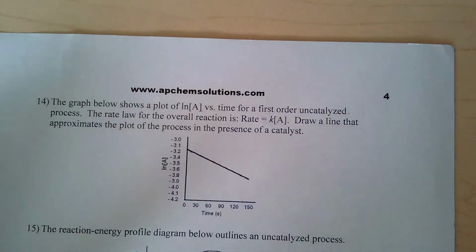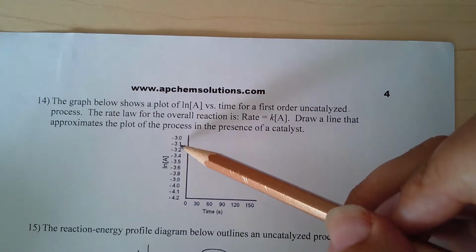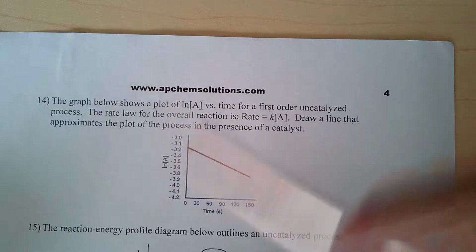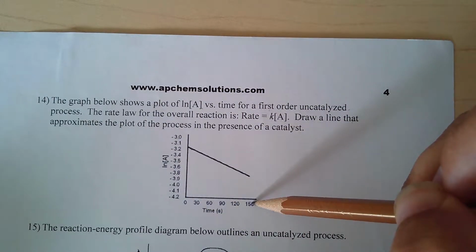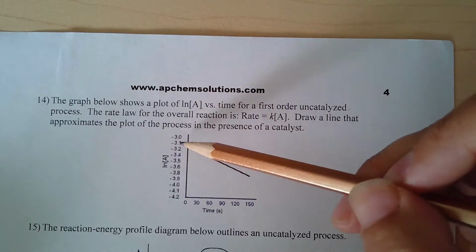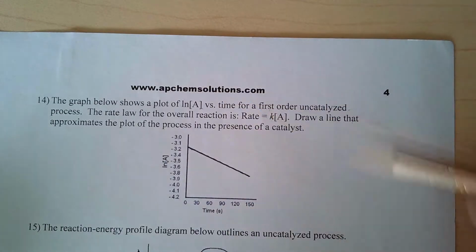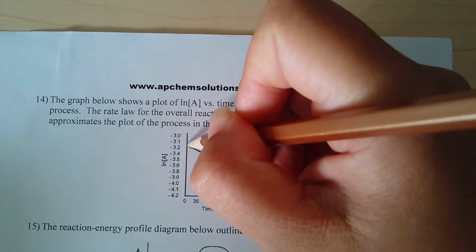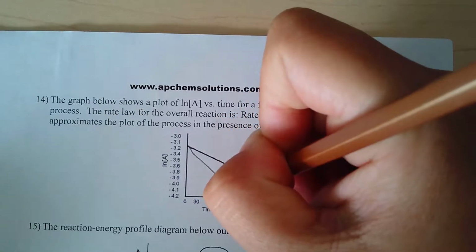We know that a catalyst is going to speed up the reaction, so it doesn't necessarily change our concentrations. It's going to affect our time. And our concentration in the presence of a catalyst is going to decrease faster as time progresses, which means our line should be something like this.